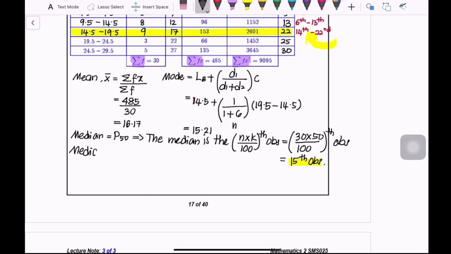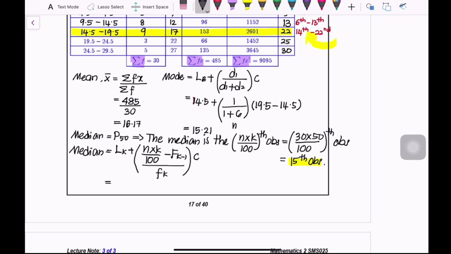The median formula is Lk plus (n times k over 100 minus fk minus 1) over fk, times c.